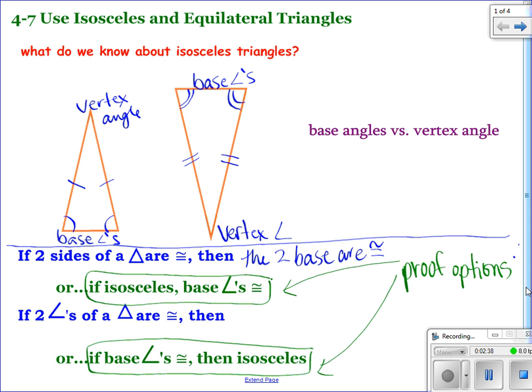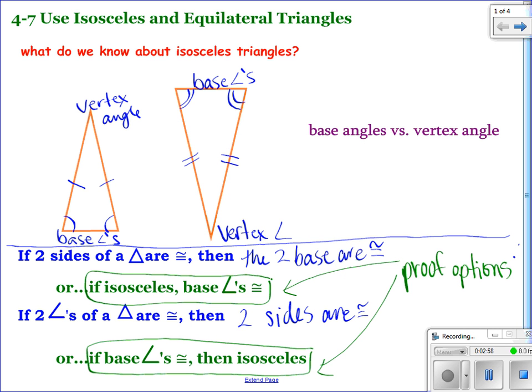All right, it could go the other way. If two angles of a triangle are congruent, then two sides are congruent. Or if base angles are congruent, then isosceles. So it goes both directions.